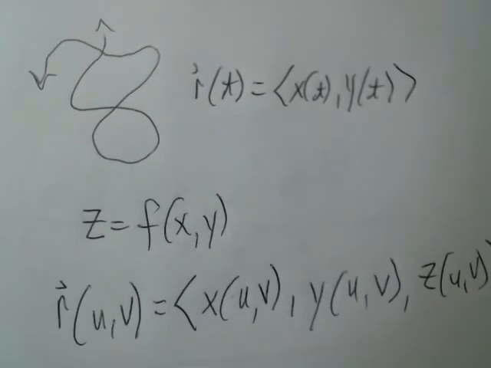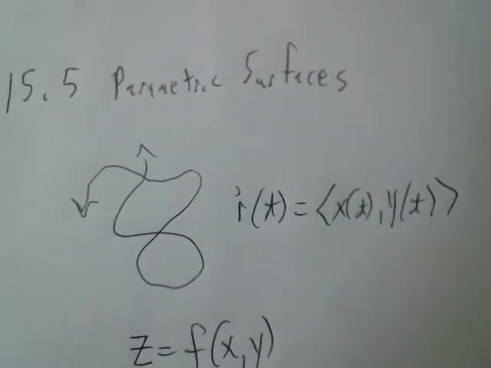Okay, so that's our objective for parametric surfaces, and in these sections we'll be able to generate two different integrals for all of our little details and things we need to do. So it does become a little overwhelming with the amount of integrals you're going to be dealing with.